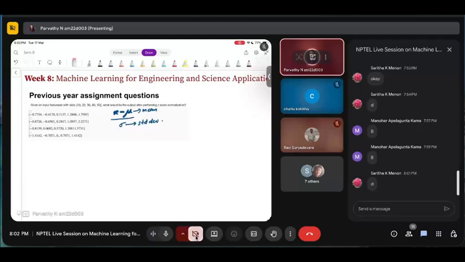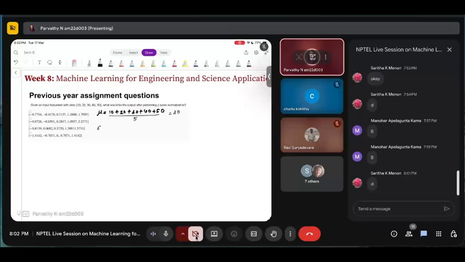Yes, so here the mean is given by 10 plus 20 plus 30 plus 40 plus 50 divided by 5, that is 30.